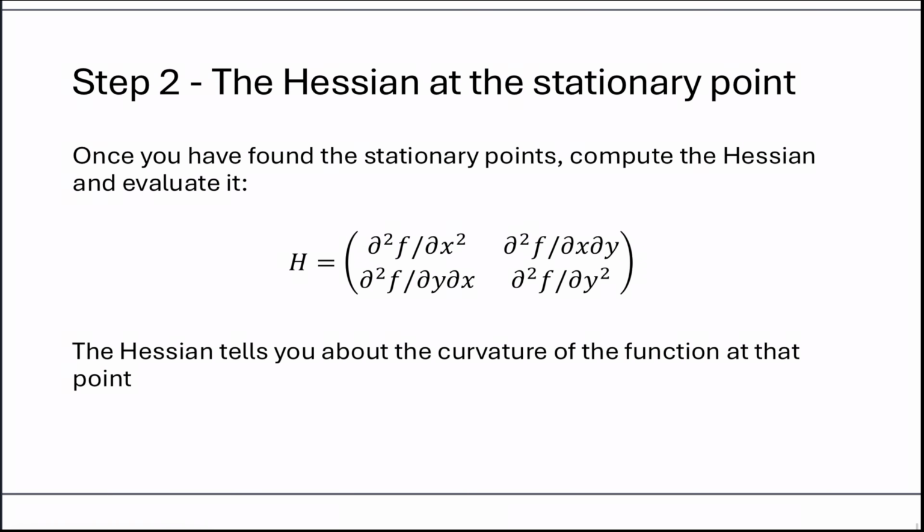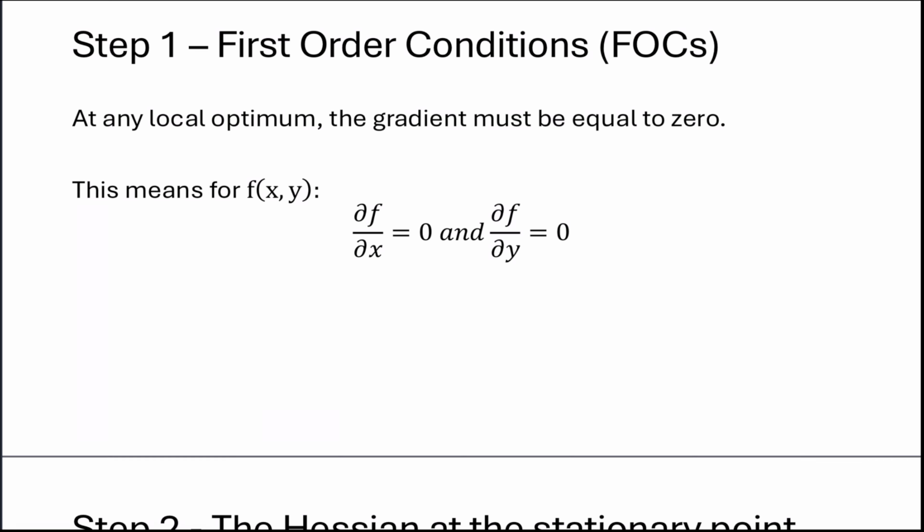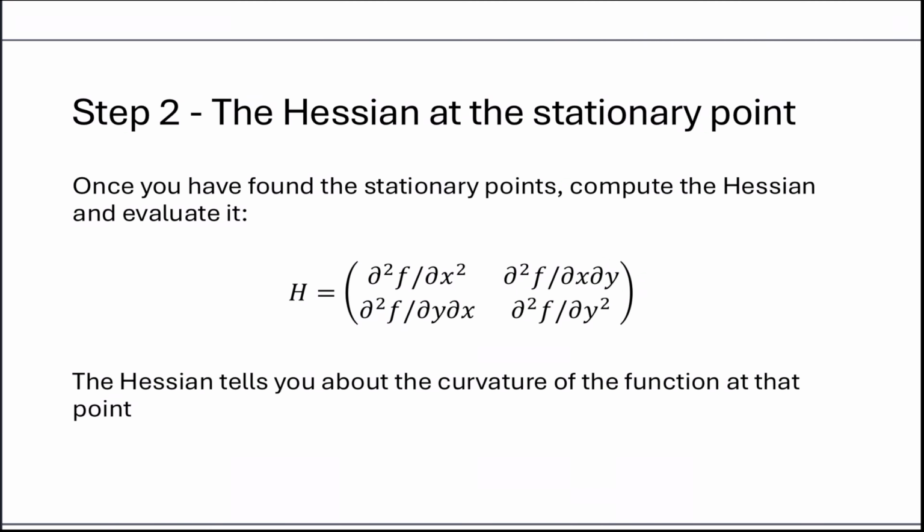Step 2 is to then calculate the Hessian at our stationary point, so whatever our solution is to these two equations. And the Hessian for a function with two variables is listed as this. So the Hessian is just all the second derivatives of a multivariable function.